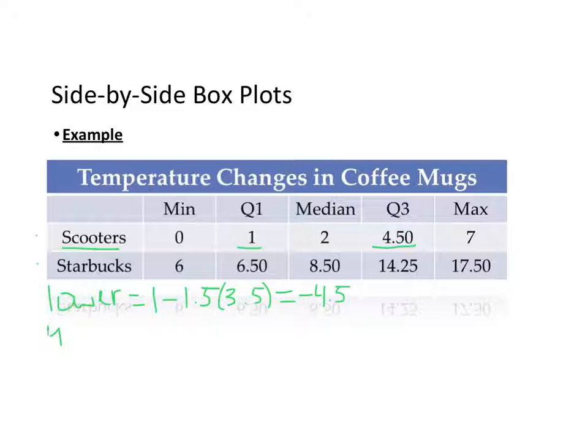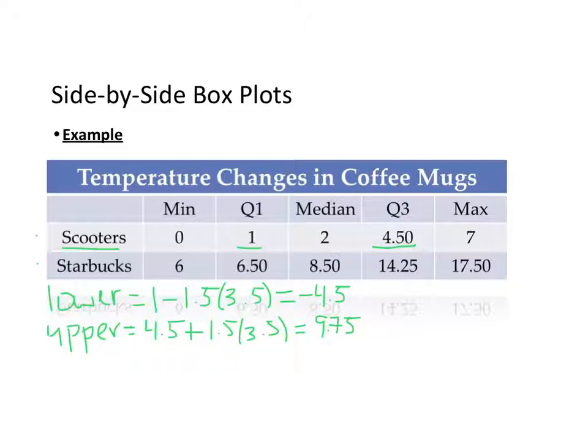The upper fence, this time we're going to take the third quartile, 4.5, plus 1.5 times our interquartile range. And it should give us about 9.75.